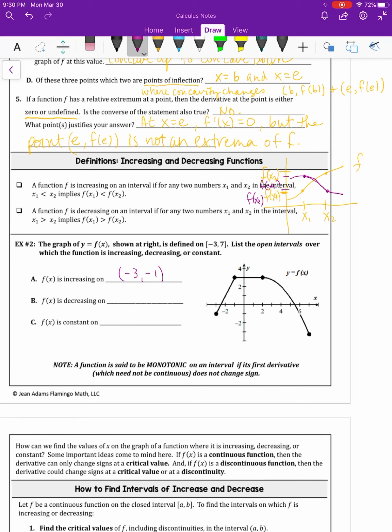So it's increasing -3 to -1. And then it's constant from -1 to 2. And then it starts decreasing from 2 to 7. So it's decreasing on the interval from 2 to 7. It's constant from -1 to 2.